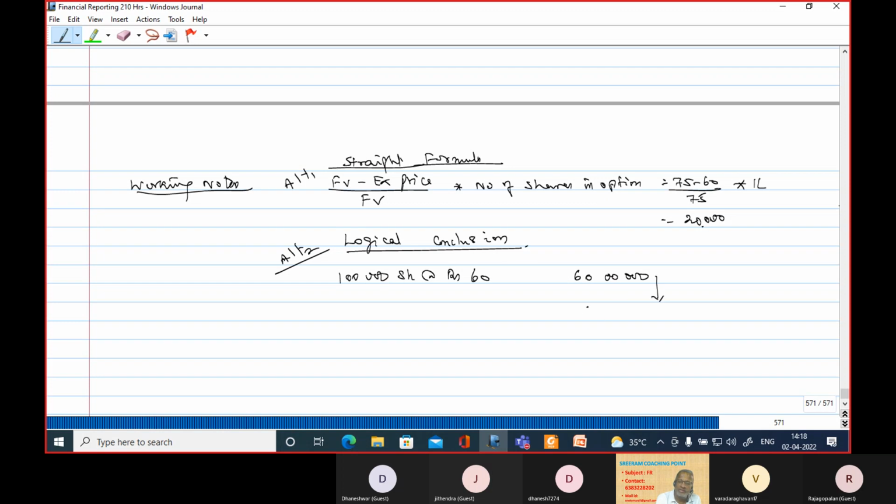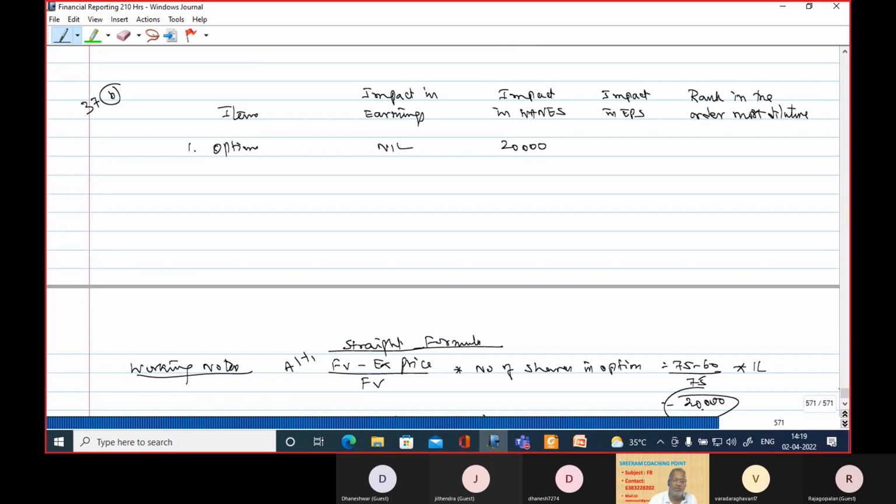Then try the same 60 lakhs at the rate of 75. At the rate of 75 you collect, how many shares you would have issued? 80,000. So the difference between the two is 20,000 shares, and that is what you have between the two. Exactly the same bonus element in rights issue, same way you do have. So this is going to have zero impact. So close your eyes and say this is the most dilutive one. That is number one.